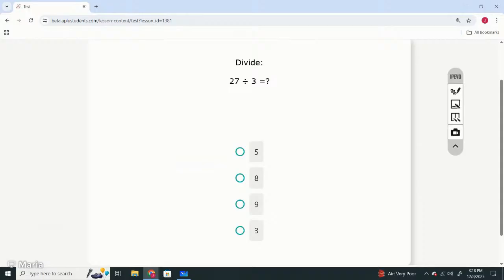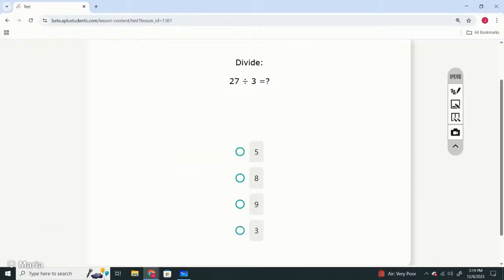27 divided by 3. 3 times what number is 27? We need to count a table of 3 until 27. So which is the correct option? 27 divided by 3 is 3 times 9 is 27, right?